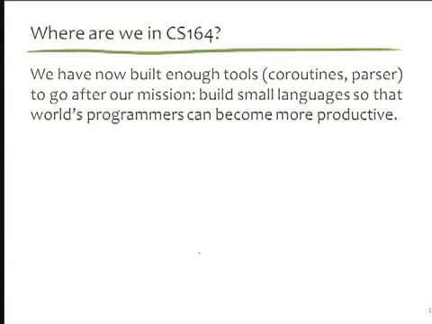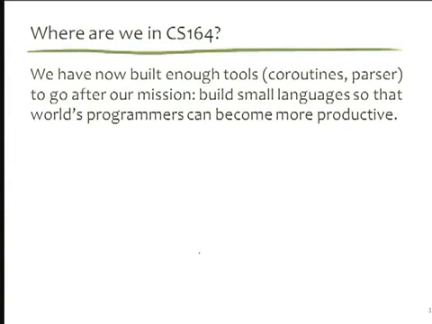still want to listen to the lecture, where are we? So now we are at the stage where we have seen enough tools, like coroutines, using which you can build control flow constructs, and parsers, using which you can essentially compile input things to target languages and build various tools like the regular expression highlighter, which you saw during the demo last time.